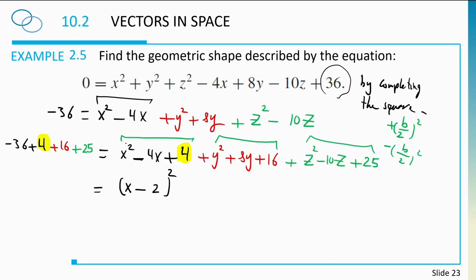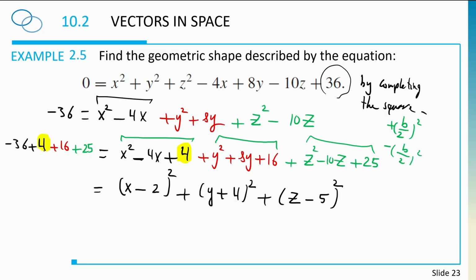Now for the second one, it's y, the square root of 16 is 4, the sign from the middle is positive, all of it squared. Same with z: square root of the first, square root of the last, sign from the middle term, all of it squared. And this is equal to, we need to add up these.